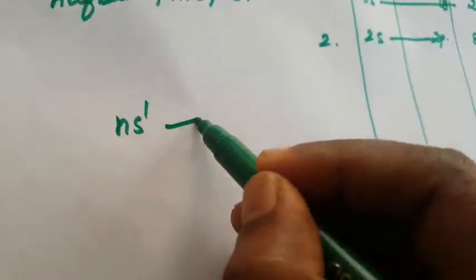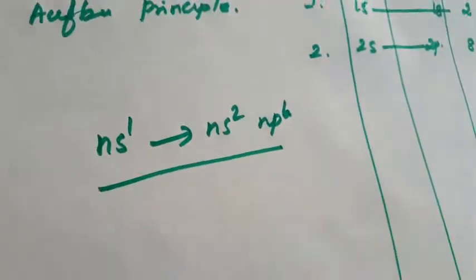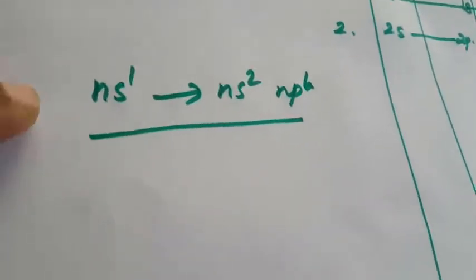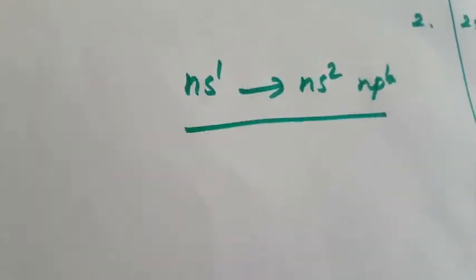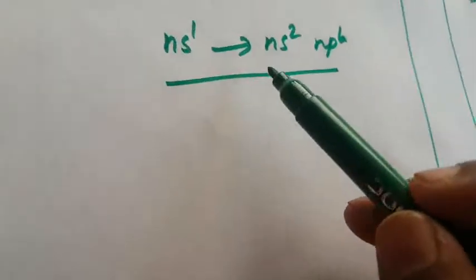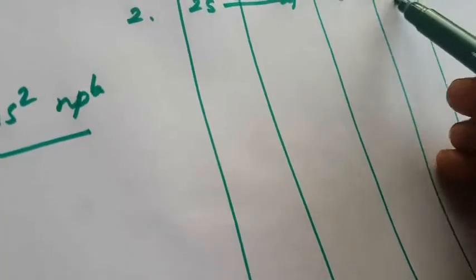Every period in the periodic table starts from ns1 and ends with ns2 np6. This is how the elements are arranged. ns1 is the s block element, and the period ends with the inert gas configuration ns2 np6.